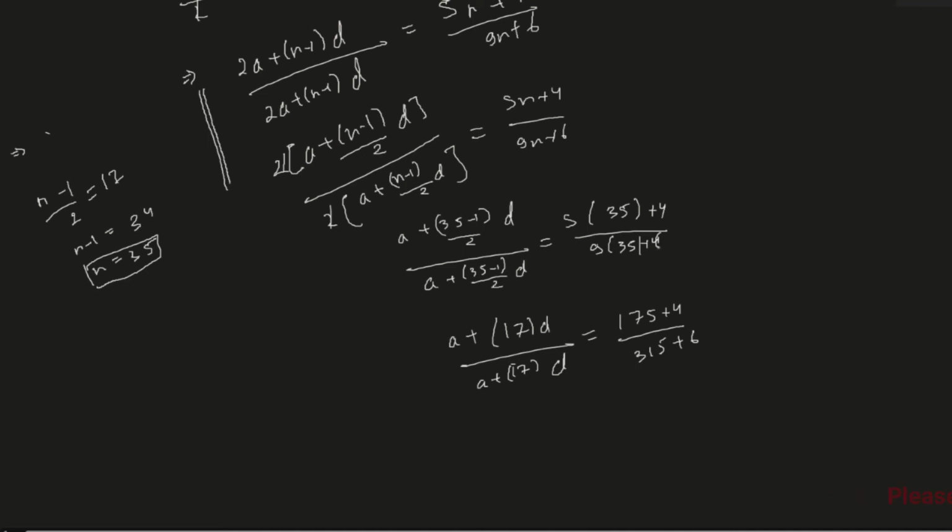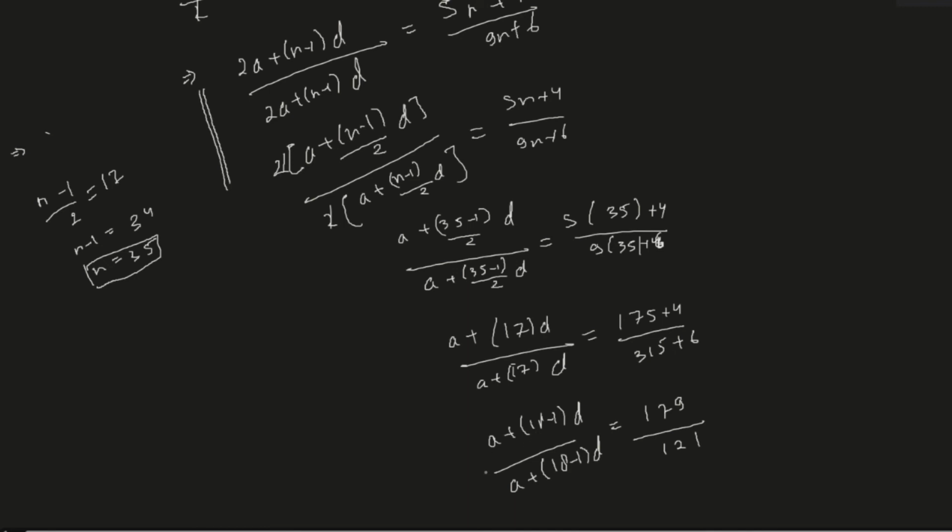For explanation, a plus 18 minus 1 is 17 only. So 175 plus 4 is 179 whole upon 315 plus 6, which is 321. So 179 upon 321 is the final answer.